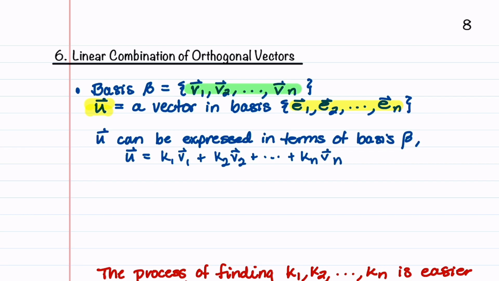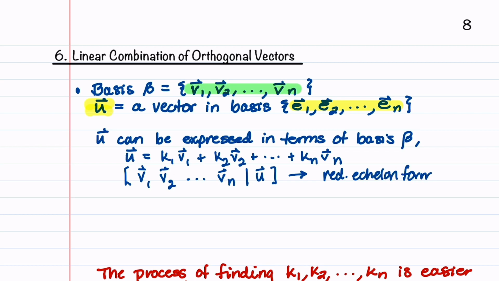To find our values for K, what we did was we took our vectors V1, V2, all the way up through Vn and put it in an augmented matrix with U, put that matrix in reduced echelon form, and found our Ks.